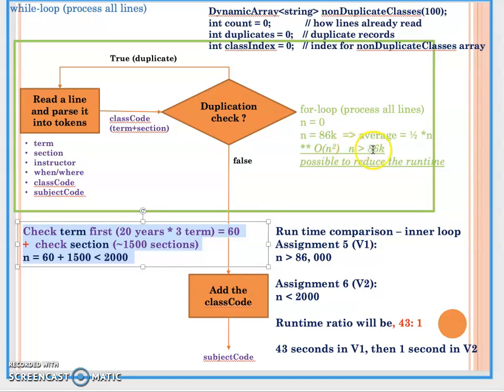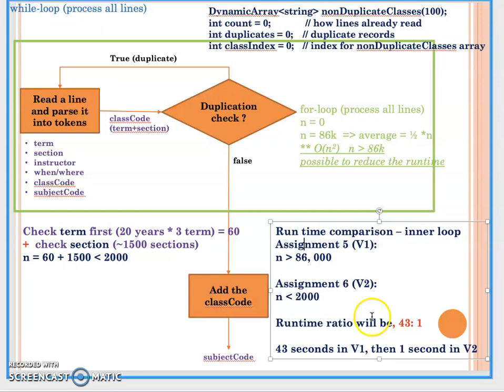N will be greater than 86K. But now, when we do the term first, then section, you agree with me, our comparison will be less than 2,000. So that will make our runtime change in our V2. So take a break to see if that's good for you.